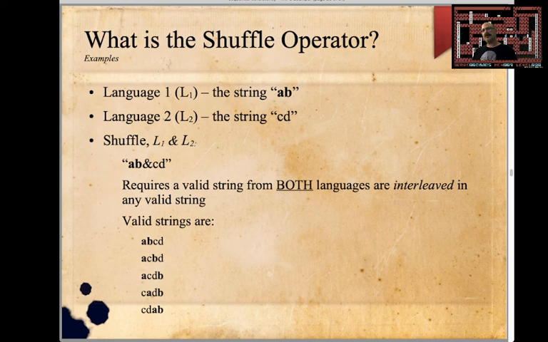But it also presents the final valid strings of this resulting language as the combination of all valid strings from both of the languages in all interleaving orders. So it expresses the partial ordering that is inherent among the valid strings within each constituent language, but also enforces the total ordering of the valid strings that are in each individual language.